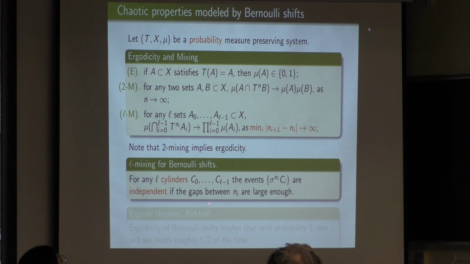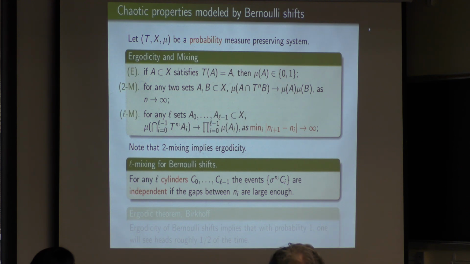It's very easy to see that in the Bernoulli shift, which is the coin toss, if I fix positions 3 and 5 for one set, and positions 2 and 7 for the other, and I move one of them sufficiently far apart, they not only become asymptotically independent, but as long as n is larger than the size of the positions I fix, it's actually equality.